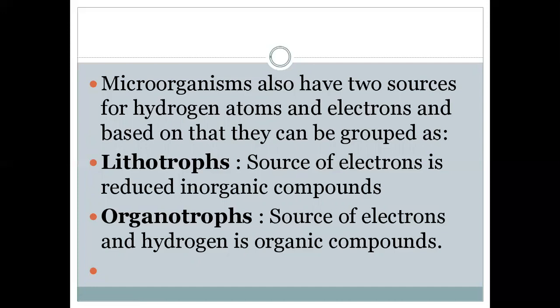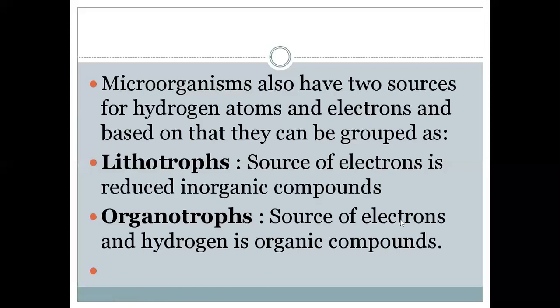So what are lithotrophs? The source of electrons is reduced inorganic compounds. If the organism is able to utilize reduced inorganic compounds as the source of electrons, then they are called lithotrophs. The next category is organotrophs.